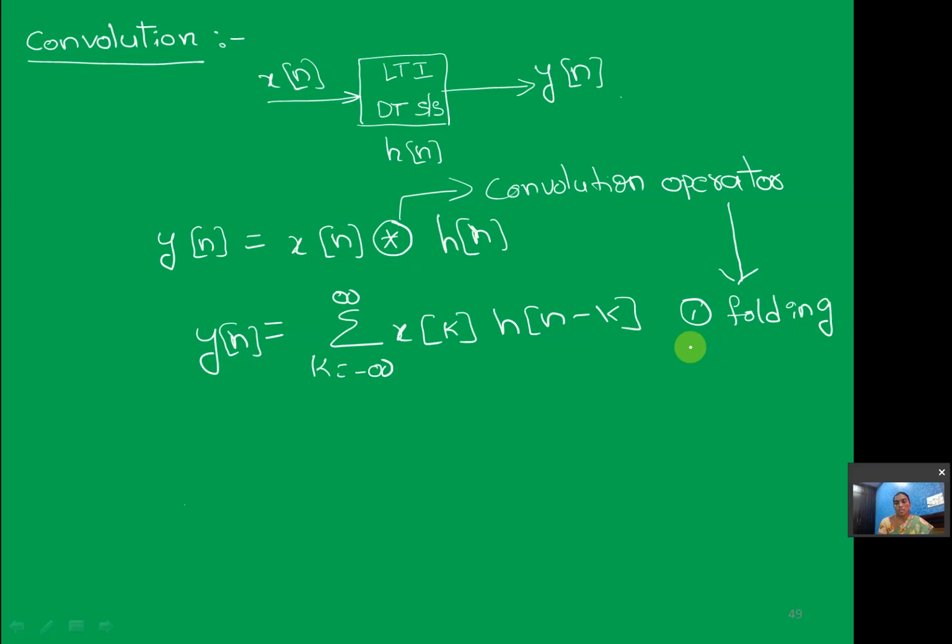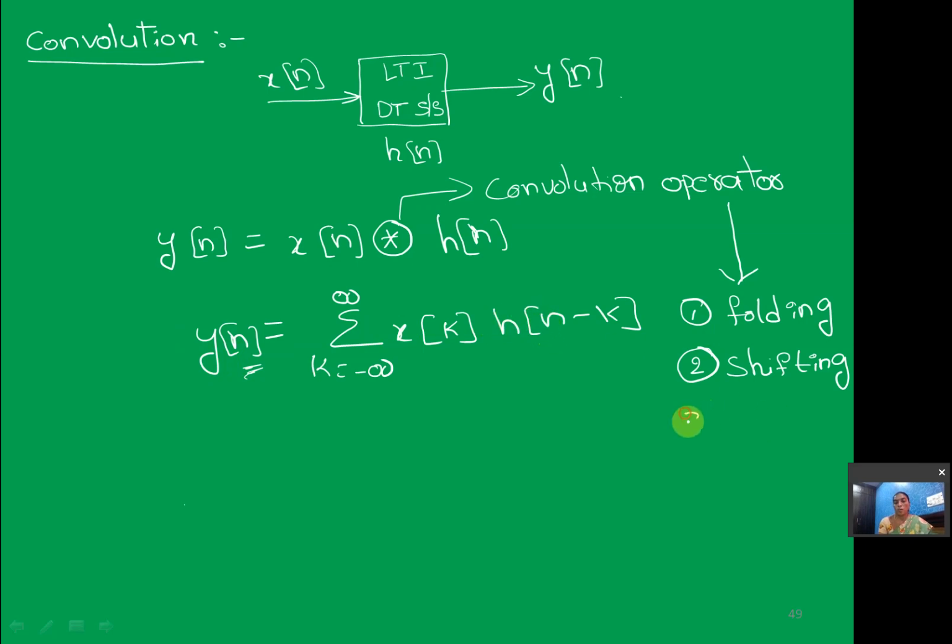So folding is necessary. The second one is shifting. After getting h of minus k, we should find h of n minus k. Here n takes values from minus infinity to infinity. So this h of minus k is shifted along the x-axis from minus infinity to infinity based on the n value.